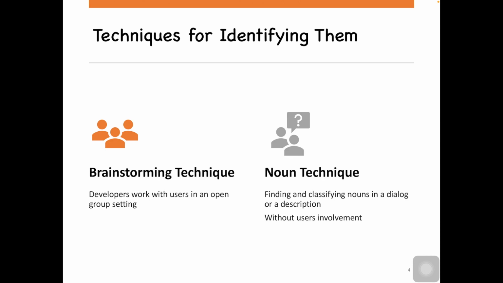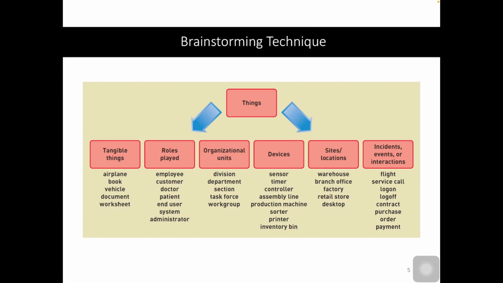With brainstorming, we brainstorm with the team in an open group setting, while with the noun technique, we find and classify nouns in the dialogue or a description. Usually the noun technique is done without the user's involvement. First, let's look into the brainstorming technique. This figure shows some types of things to consider that can be used to systematically help users do brainstorming.